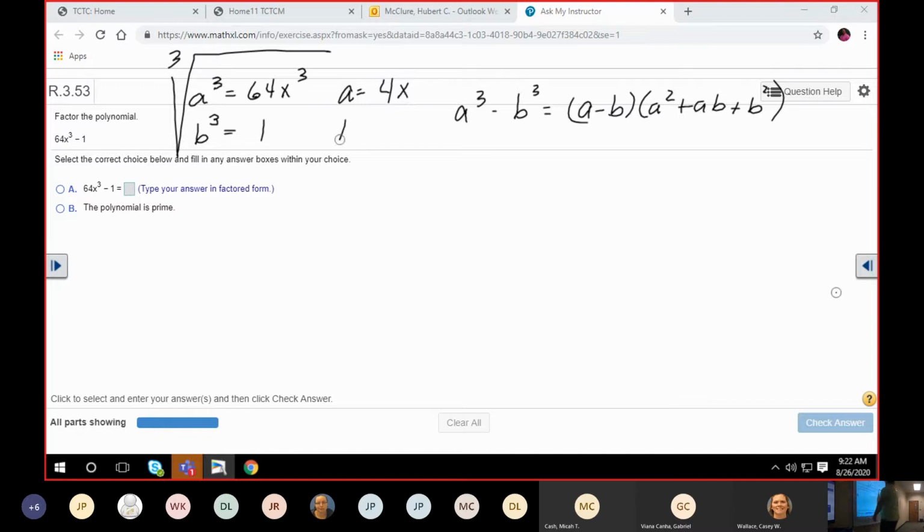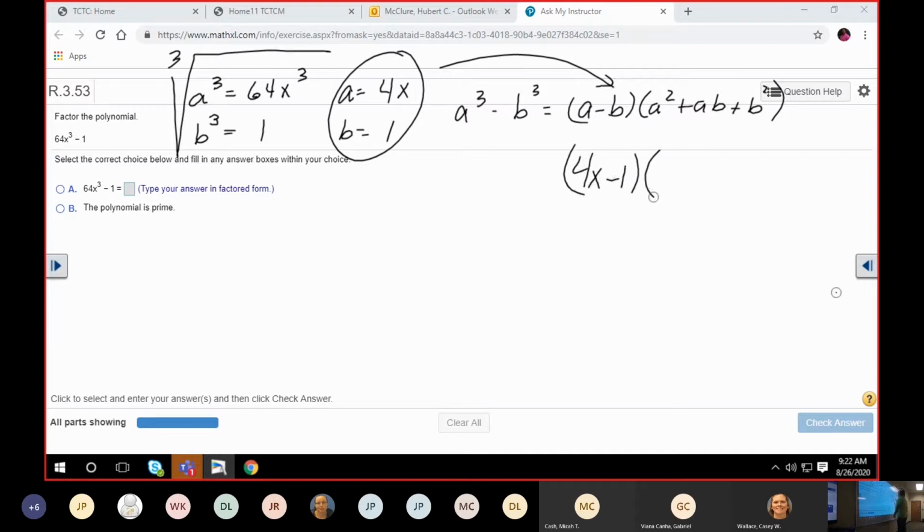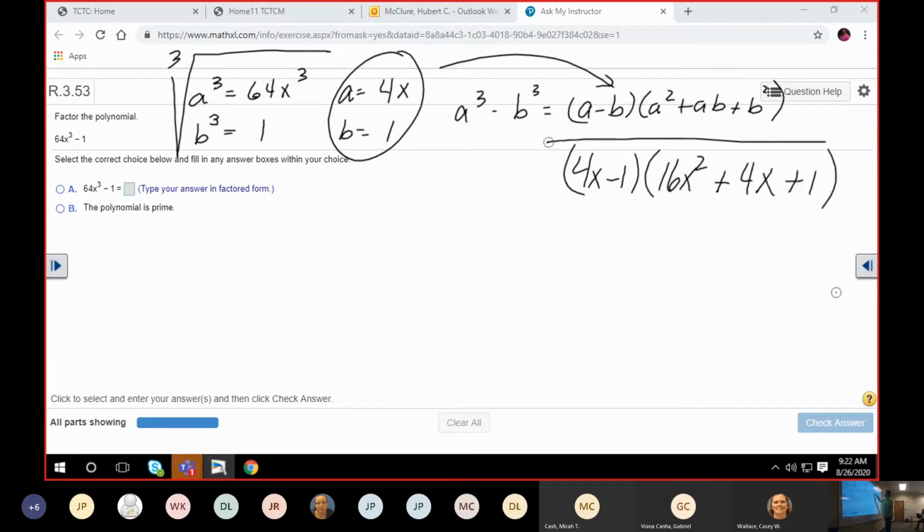And b is equal to 1. And plug and chug. 4x minus 1 times 16x squared plus 4x plus 1. That should be your answer.